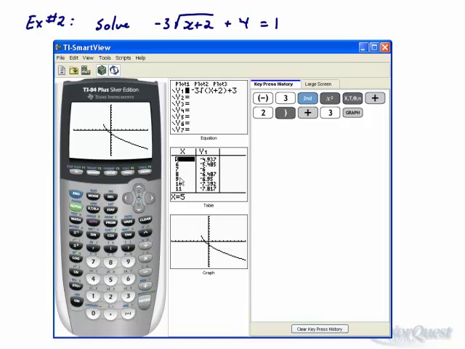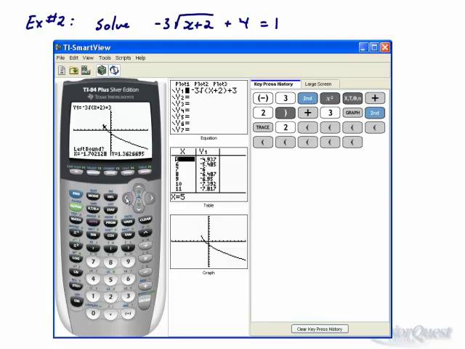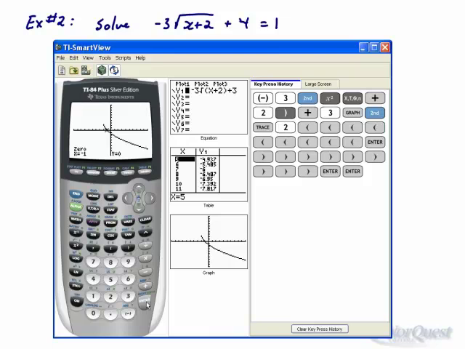Since I can clearly see the x-intercept on my screen, I go second function, calculate, find 0, and then we just set the left and right boundary. Left of the 0, hit enter. Right of the 0, hit enter. At guess, hit enter one more time, and you find that your answer here works out to be negative 1, when x equals negative 1.